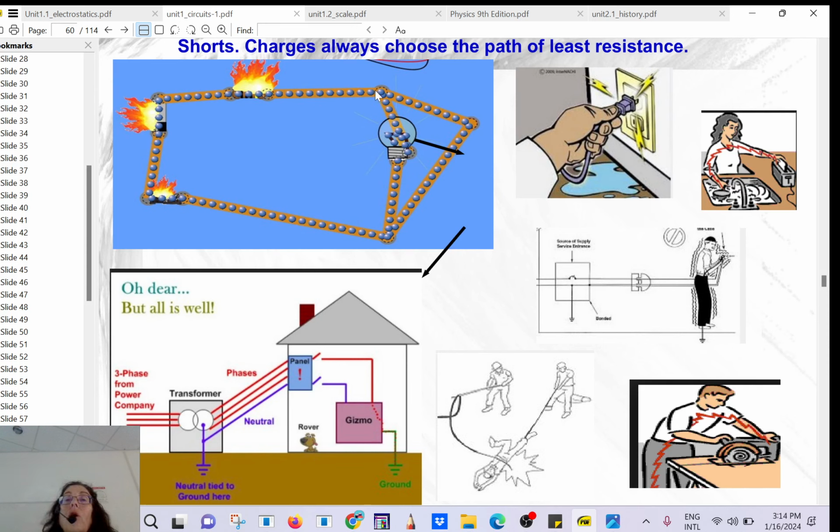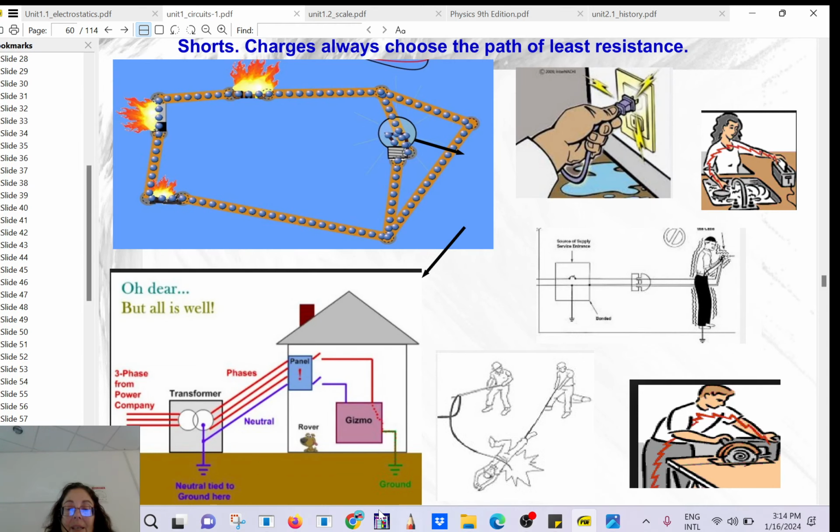Current always likes to flow through the path of least resistance. And if you just happen to be the path of least resistance, it's going to flow through you. So for example, if there is a leak somewhere here, you touch it, so you have electricity here. Why do I have to bother going through the resistance here when I can go straight to the ground? Because the water here is connected to the pipe, which is connected to the ground. So that's very bad, don't do that.